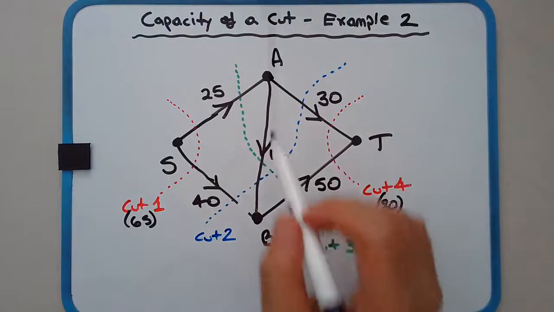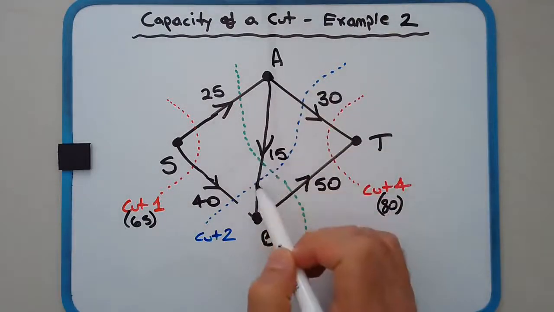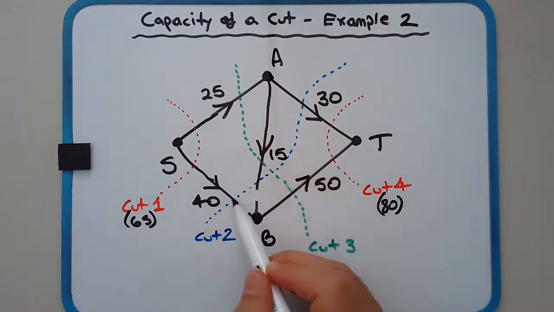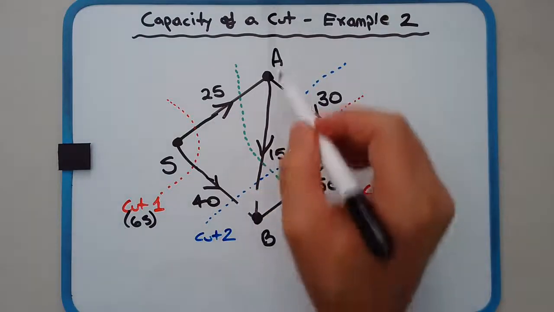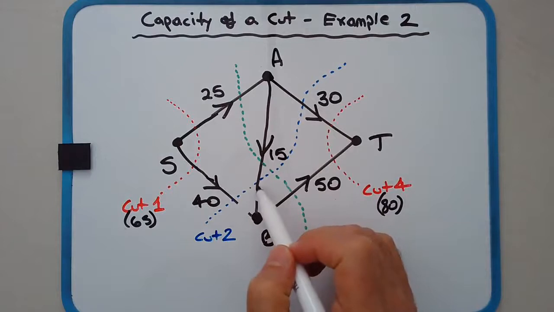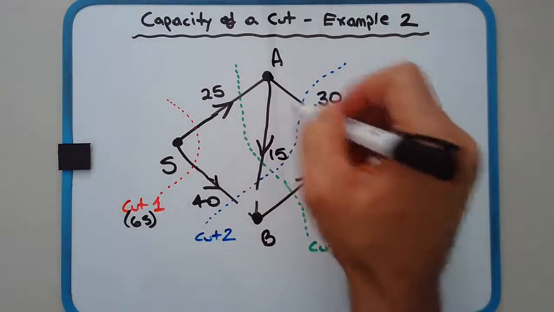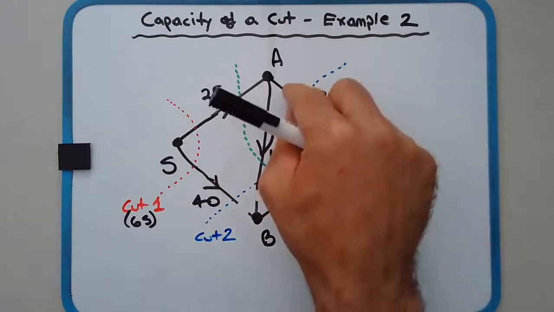So you will need to definitely cut this point here. So the cut through SB is valid. AB, the cut through there is needed to cut off the source from the sink, and also this edge here, AT, also needs to be cut.